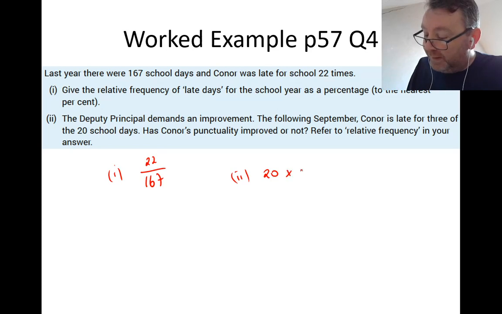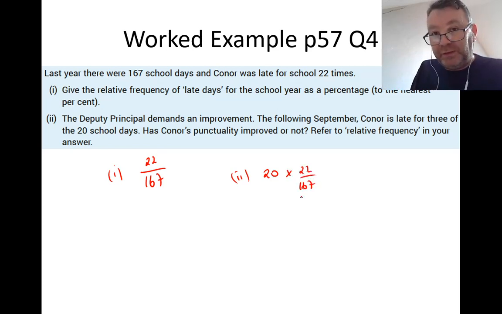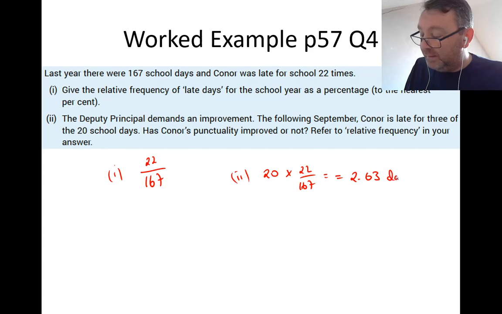We multiply that by the relative frequency of how late he was in the past in order to predict how many days we would expect him to be late for if he wasn't going to improve. So we take 20 and multiply that by 22 over 167, and that gives me a figure of 2.63 days.